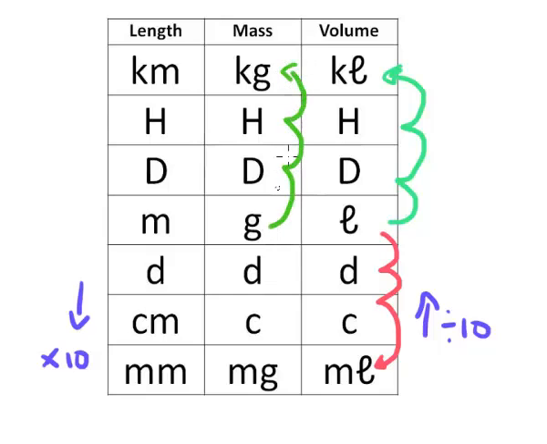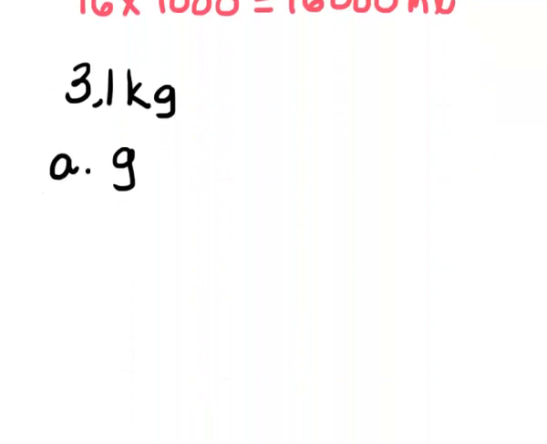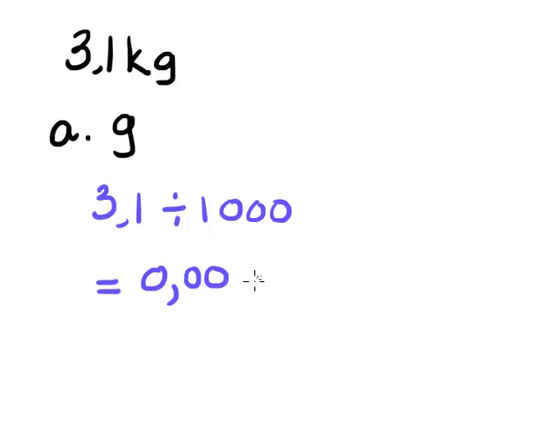So again, we're going up, so we have to divide by 1000. So it's going to be 3,1 divided by 1000. So we have to move our decimal place 3 positions again. So it's going to be 0,0031 grams.